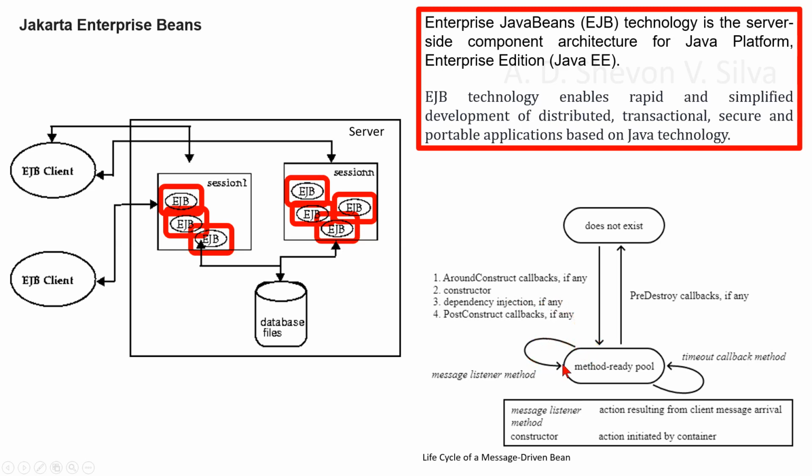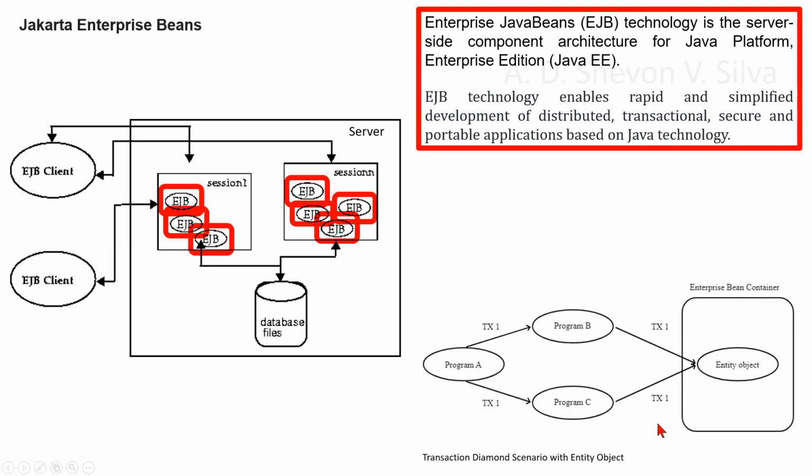The method-ready pool is connected to itself via the message listener method, an action resulting from client message arrival. The method-ready pool is also connected to itself via the timeout callback method, an action initiated by the container. The method-ready pool is connected to does-not-exist via pre-destroy callbacks, if any.